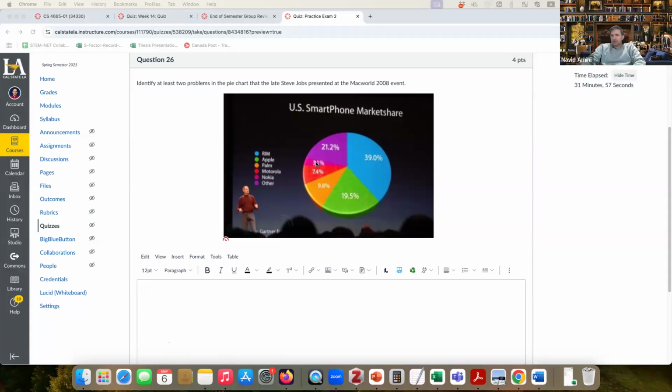Another problem already pointed out, the choice of colors. These colors are hard to tell apart. It's hard to see the clear boundary between them.